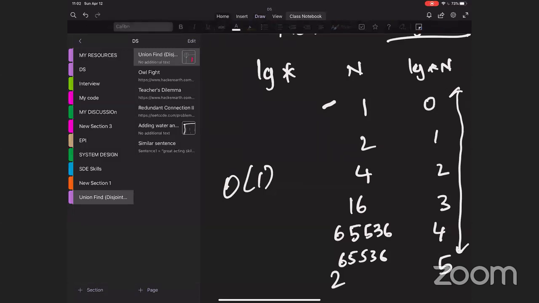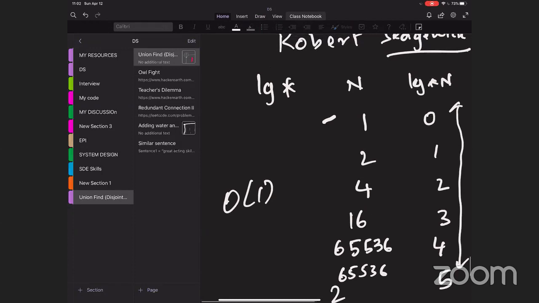Is it because we won't have that much RAM to hold a tree in memory? Oh, no. We can go beyond the 5th level also.